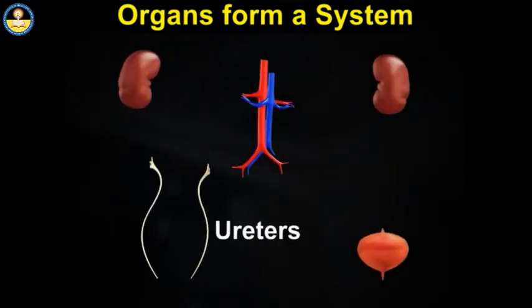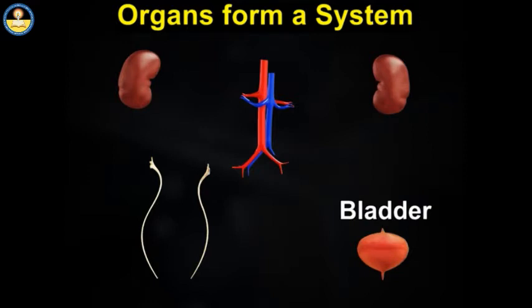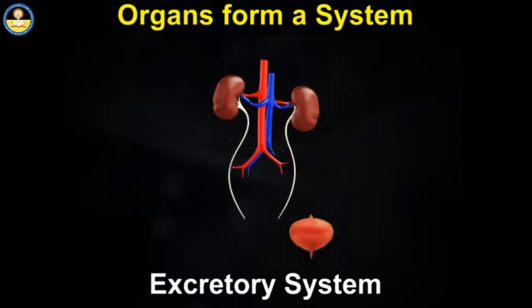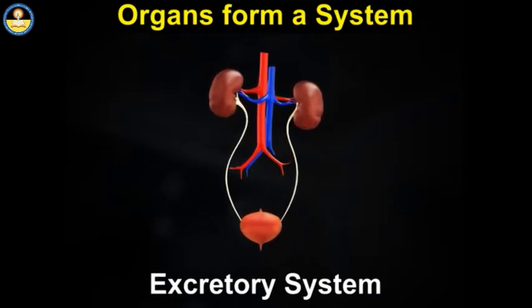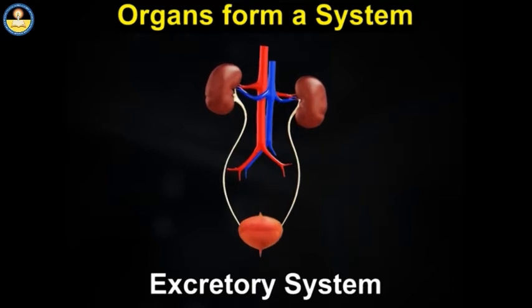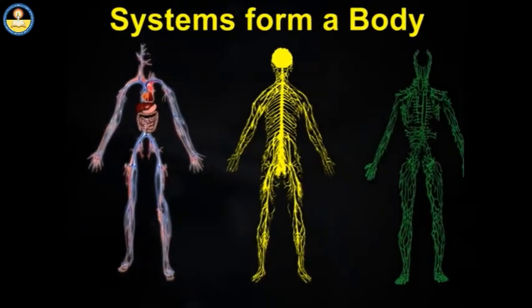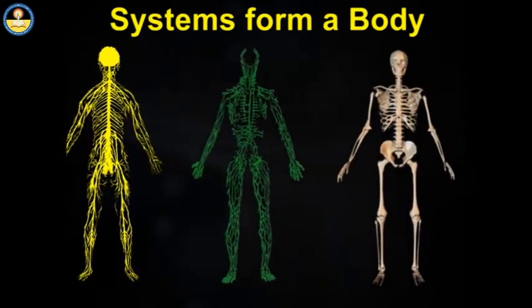Kidneys, ureters, bladder, and urethra are organs present in human excretory system. The main role of the excretory system is to filter out cellular waste, toxins and excess water. Like this, there are 10 major organ systems in our body.